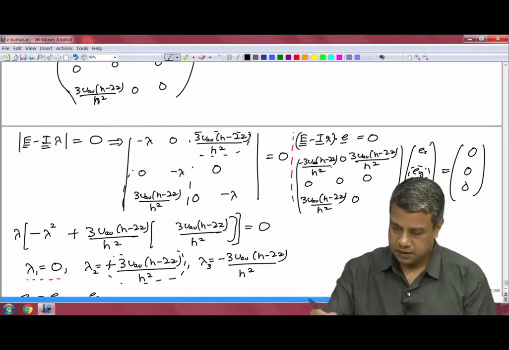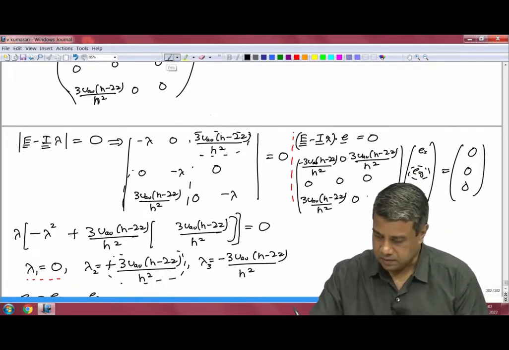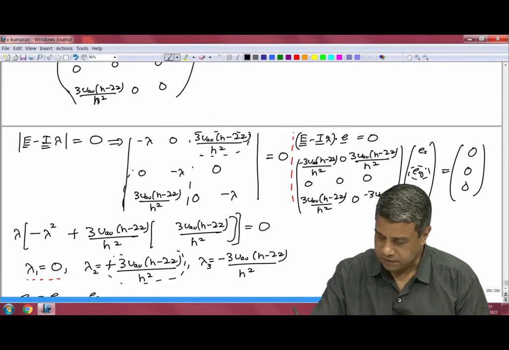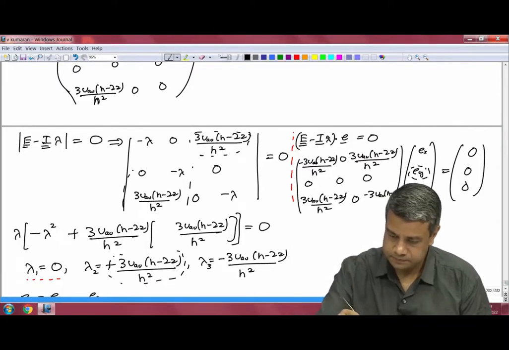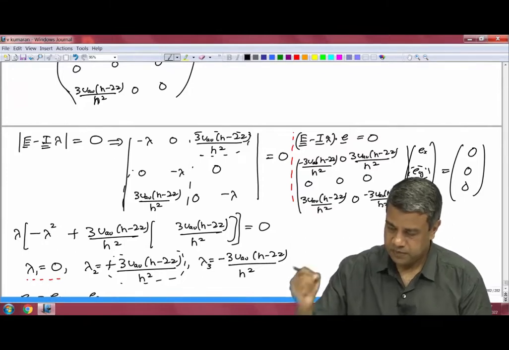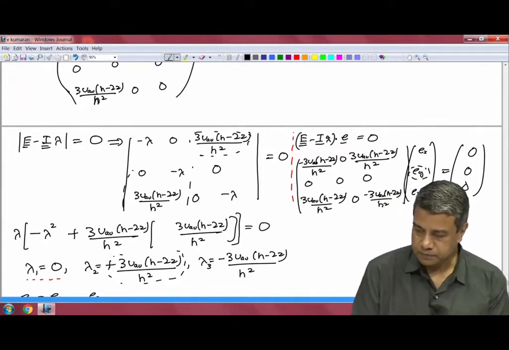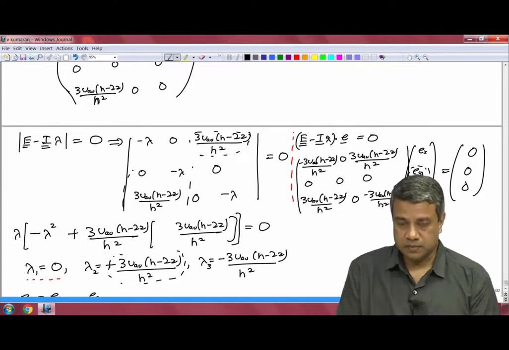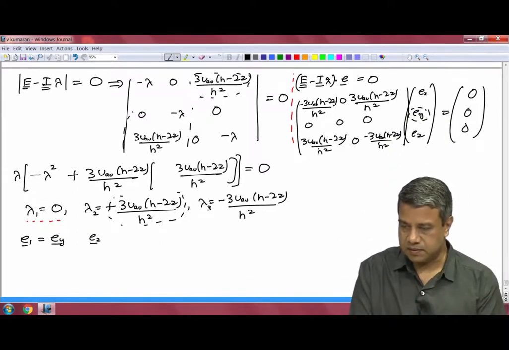And so is this diagonal term minus 3 VAV into H minus. So, these diagonal terms are minus lambda.